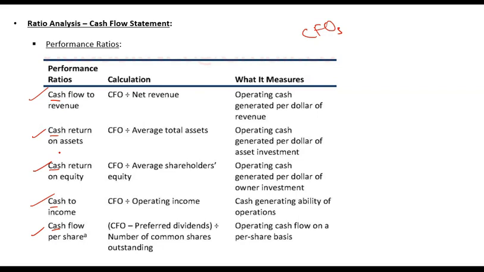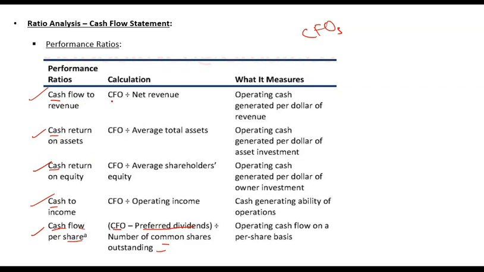In all these ratios, the numerator will generally be cash flow from operations or cash flow left for common shareholders. Like in this case, we have cash flow per share. When we are calculating cash flow per share, we will only take that cash which is left for common shareholders.